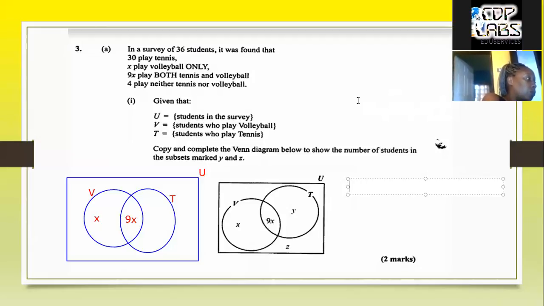You don't have to calculate anything as yet.